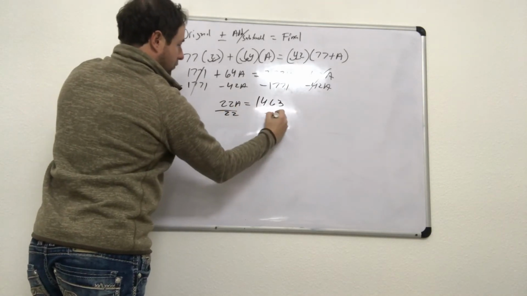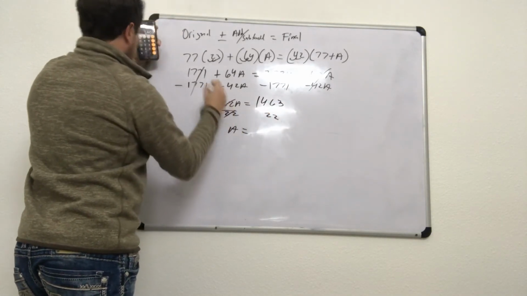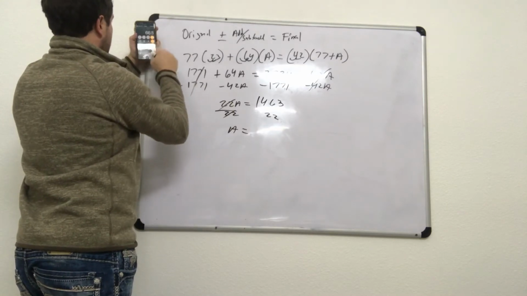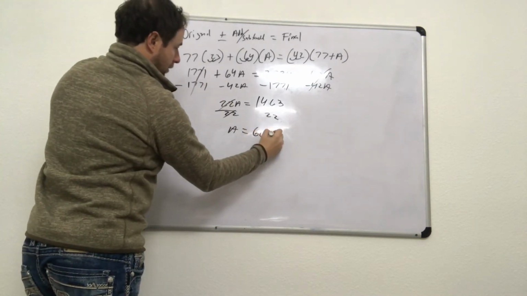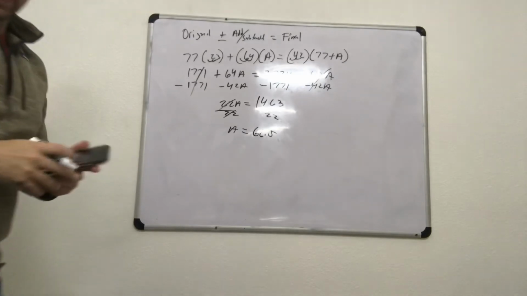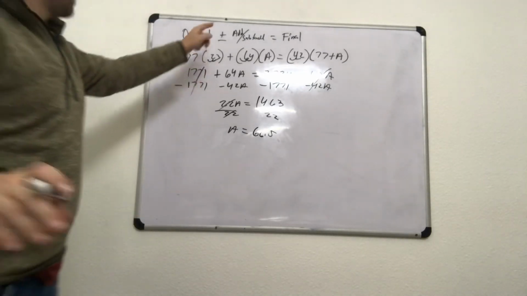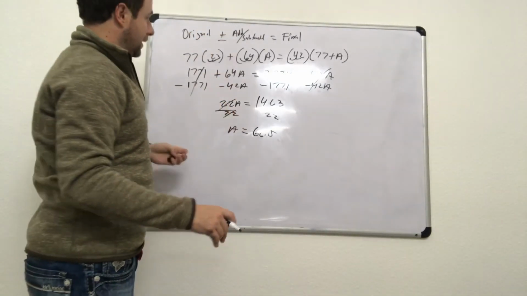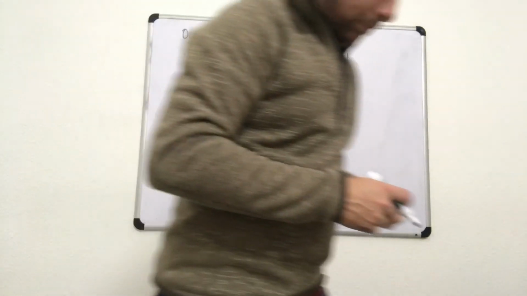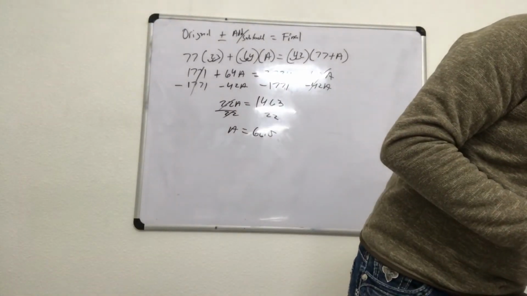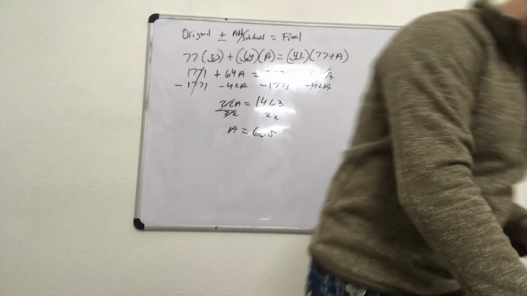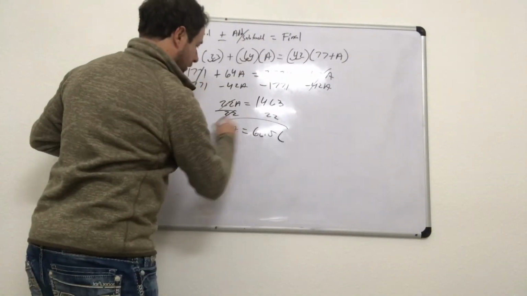Divide both sides by 22. A equals 66.5. So how much glycol solution has to be added? 66.5, and this was in liters. Your answer is 66.5 liters.